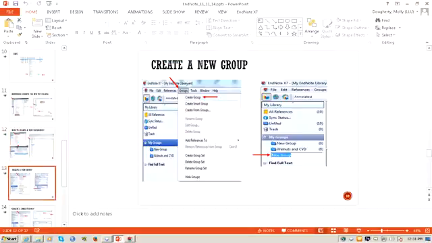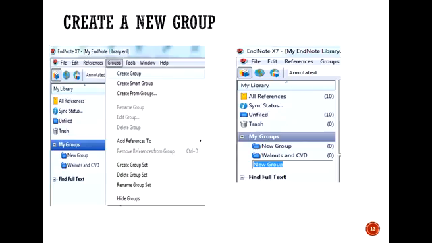All right. So create a new group. Basically, when you have your library and you are doing more than one research or more than one paper, you have different topics for this class or for the other class or different research projects. So you don't want to get confused and have all the articles and all references mixed.